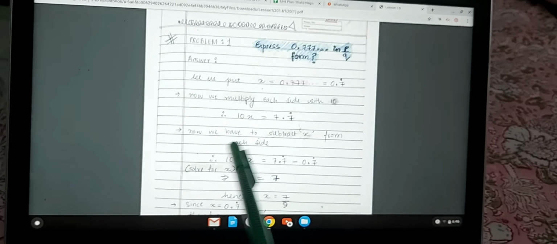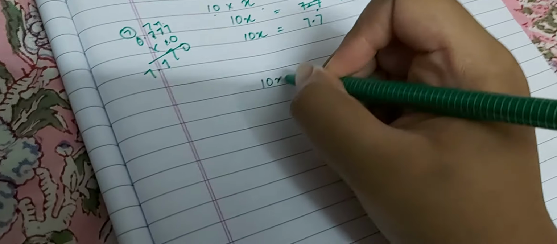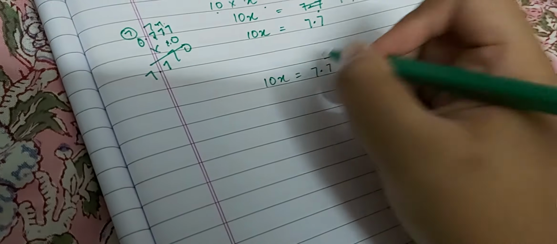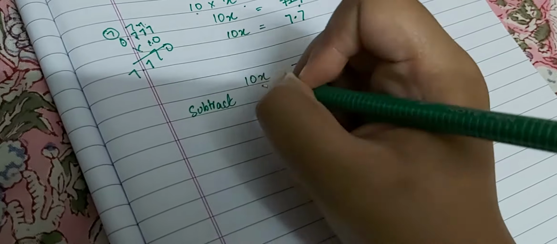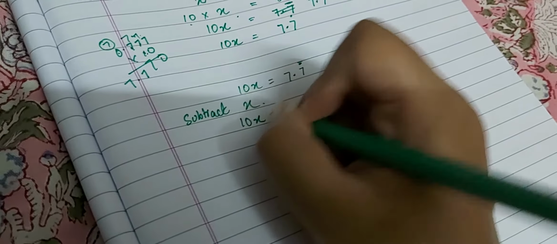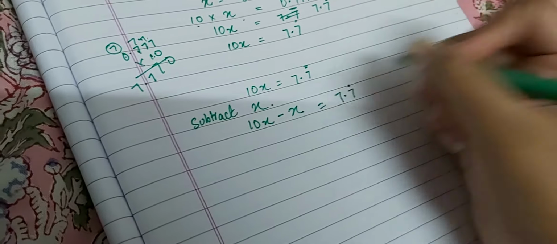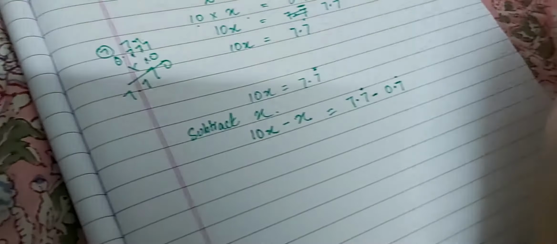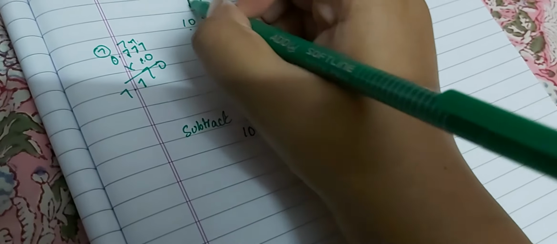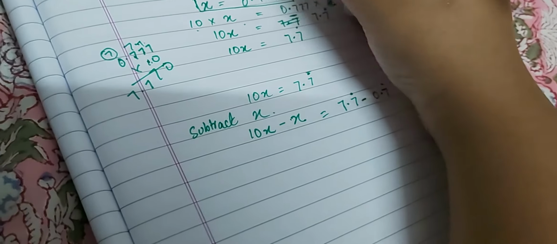Now we have to subtract x from each side. Now I have the equation as 10x is equal to 7.7 recurring, and now I am telling you subtract x. So 10x minus x is equal to 7.7 recurring minus 0.7 recurring. Now look, I have already told you x is equal to 0.7 recurring.